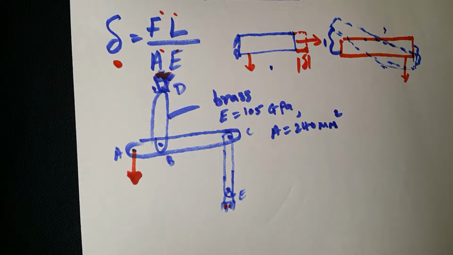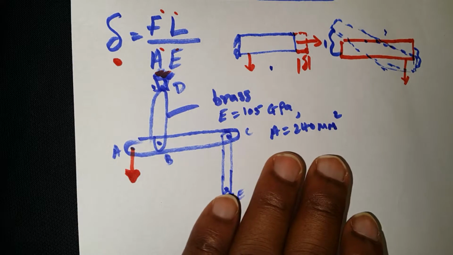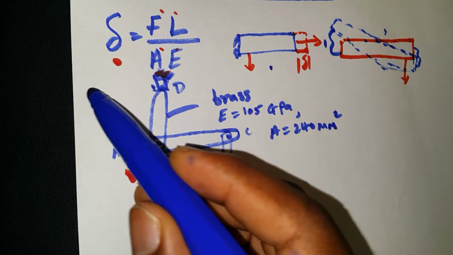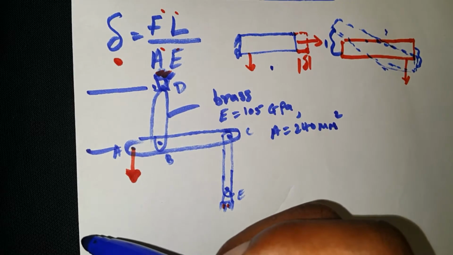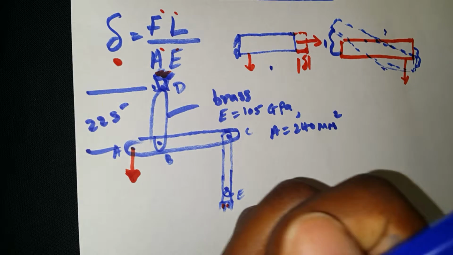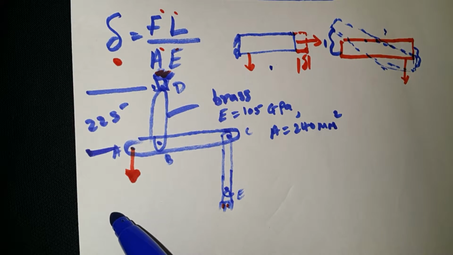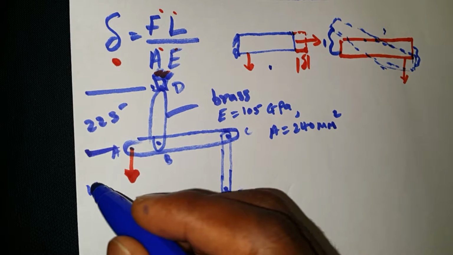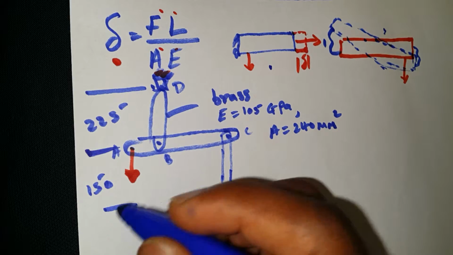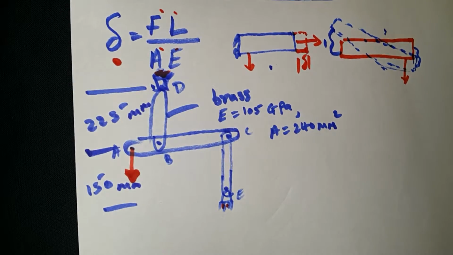Okay, now this is the system given, and the distance from here to here is 22.5, but from here to here is 150 millimeter. Okay, now we have all this.